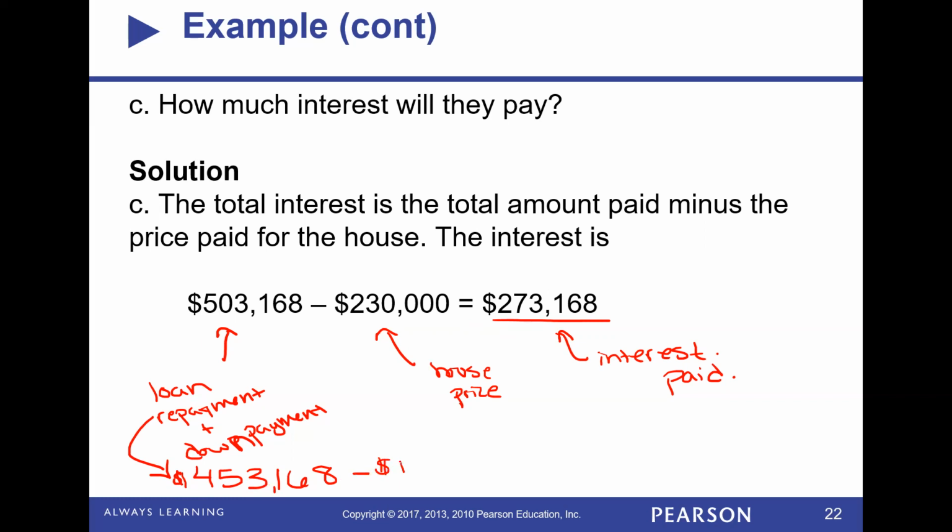Subtract what the actual loan itself was. So this was our loan. And when we do that, again, this was just the loan itself. And again, we'll get that same answer for our interest. Exact same. So this is basically the interest paid. So if you only want to do the loan repayment without the down payment in there, that works too.